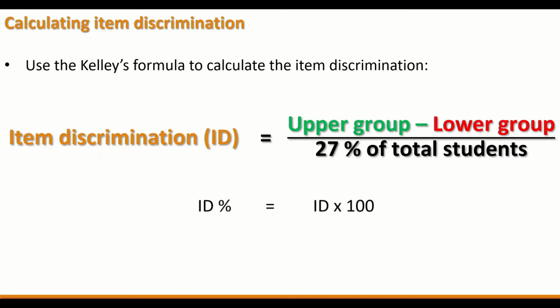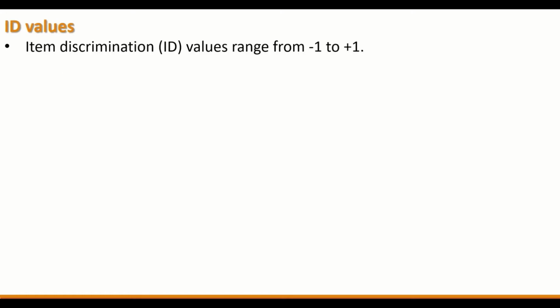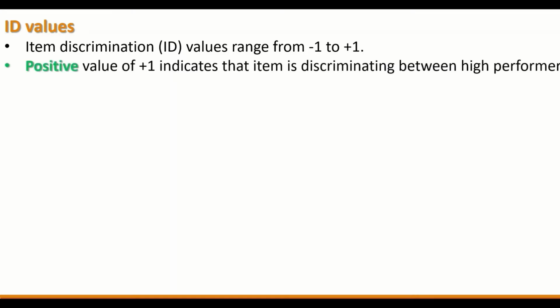An ID percentage can also be calculated by multiplying the ID by 100. Now, the item discrimination values range from -1 to +1 based on Kelley's equation. The outcome of the calculation has a range of -1 to +1.